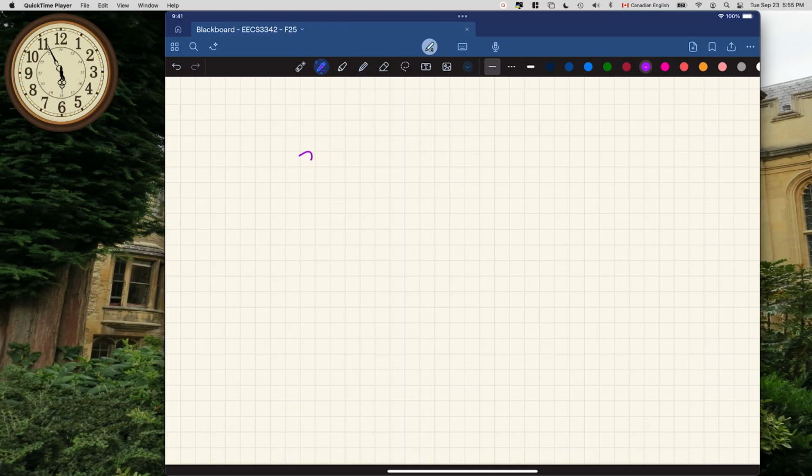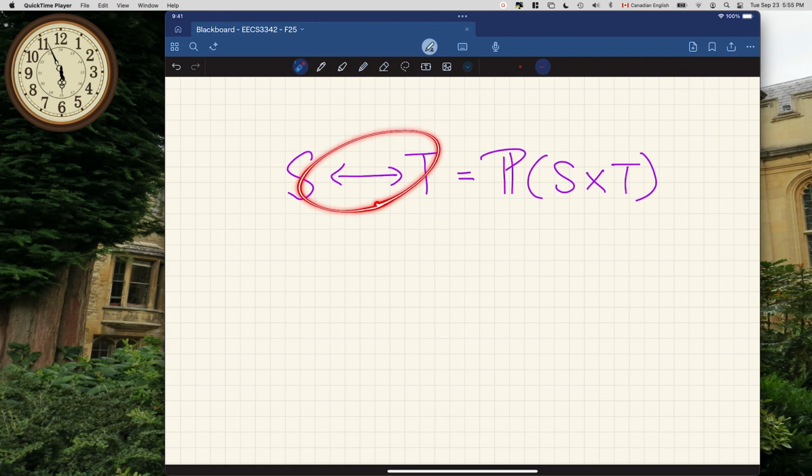So when you say S relation T, this is really the same as the power set of S cross product T. They're the same. Of course, this one here doesn't tell you much about how we figure out the set of relations, but this one does. All right?